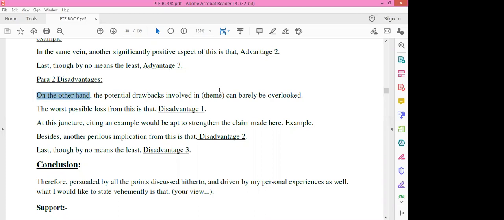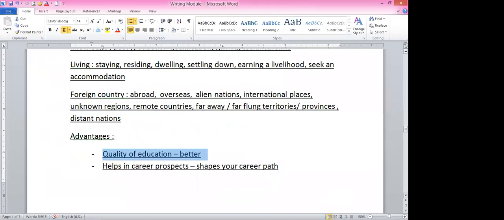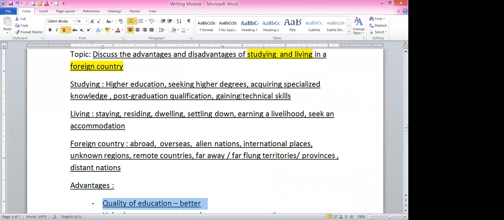Now here, if you again want to write getting a post-graduation degree or whatever alternatives that we have created, getting technical skills and seeking an accommodation in far-flung or remote countries, this also you can write.